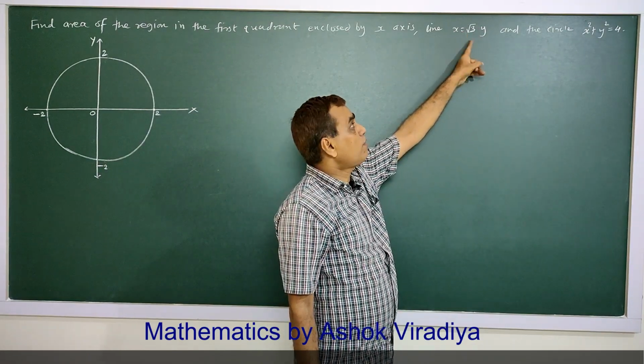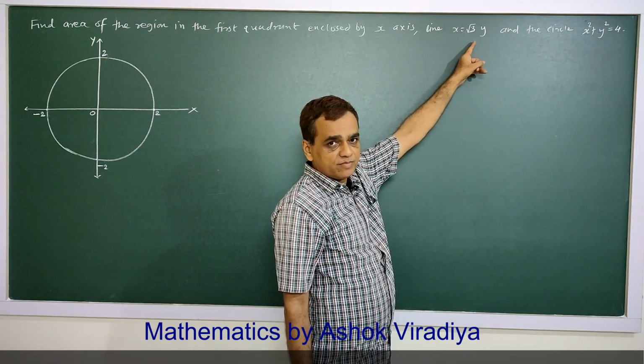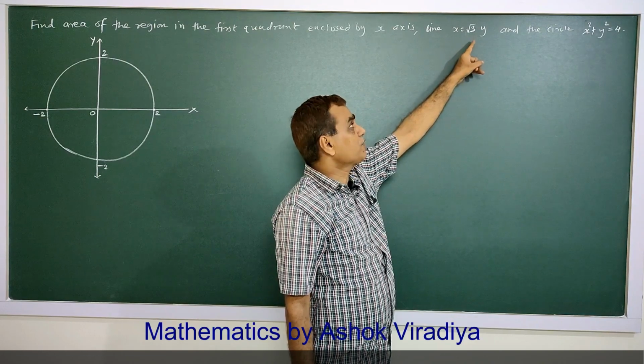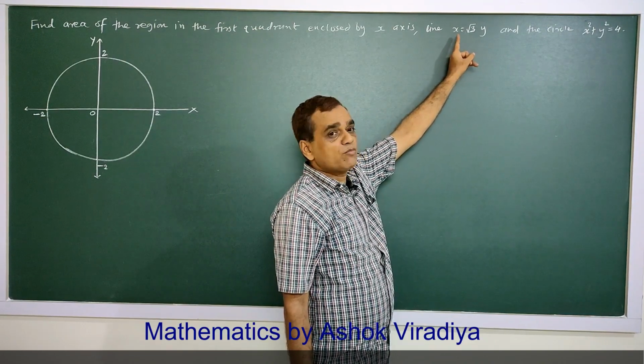See, the slope of this line is positive and it is passing through the origin.